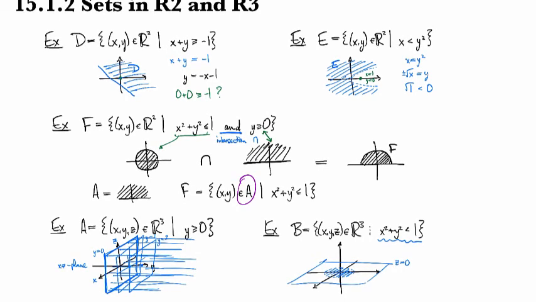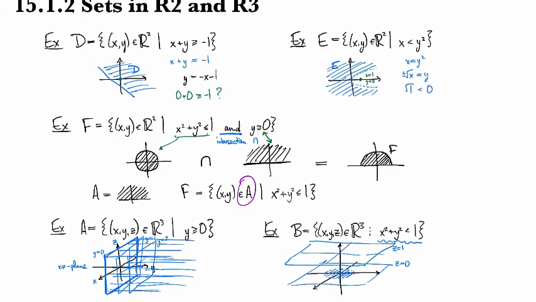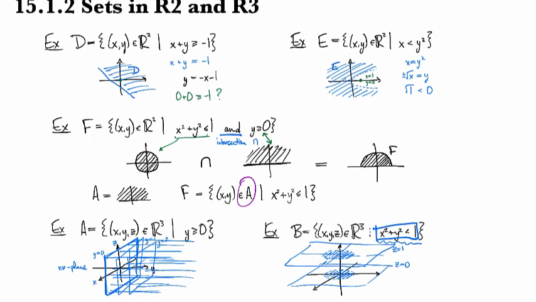What if we looked up here at z equals 1? Then again, let me draw the little axes on there. It's going to be the same thing. It would just look like that same disk, and changing the value of z does not change the figure at all, simply because z does not occur in that formula. So I'm going to have the same copy of this unit disk no matter what height I go at.